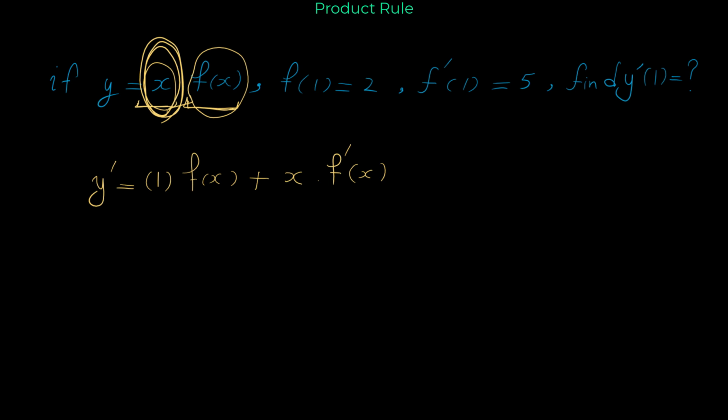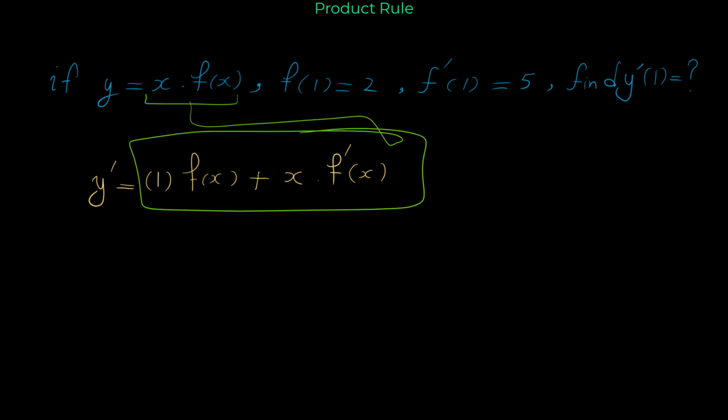So what is the derivative of g of x? g prime of x. This is how we show their derivatives. So based on the product rule, the derivative of the function x times f of x is this expression, f of x plus x f prime of x.